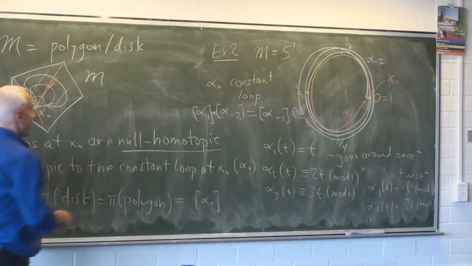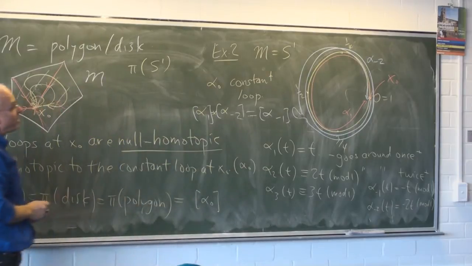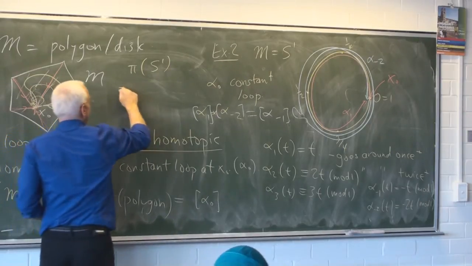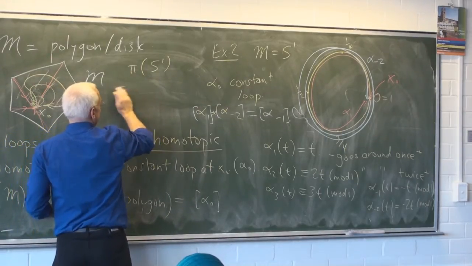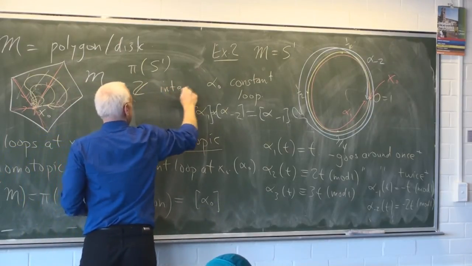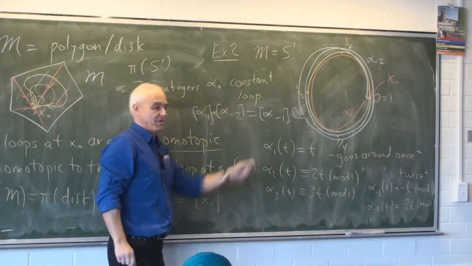And so the result here is that the group pi of S1 is then just the same as the integers, really the same as the integers under addition, because we're just adding these components.